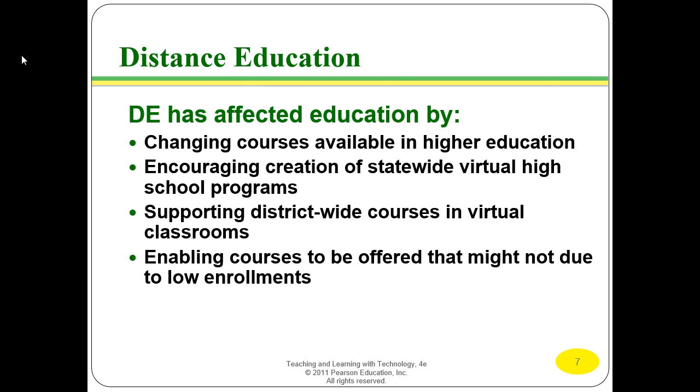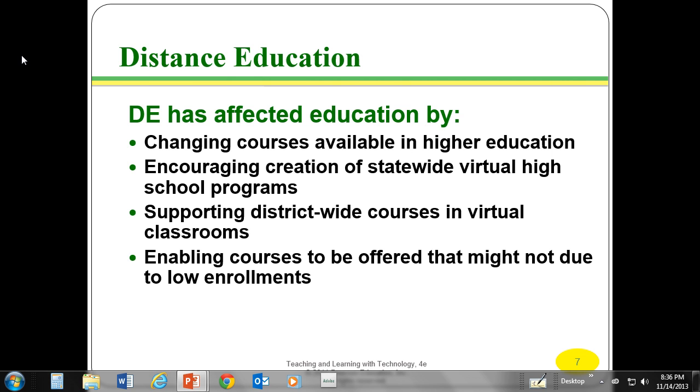And so if a class would not make it on one campus, then we can kind of combine that together with a distance learning situation and then make it more cost effective.